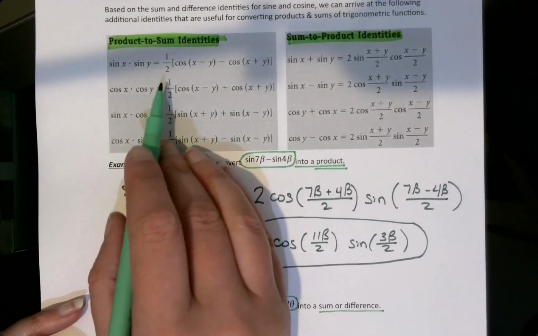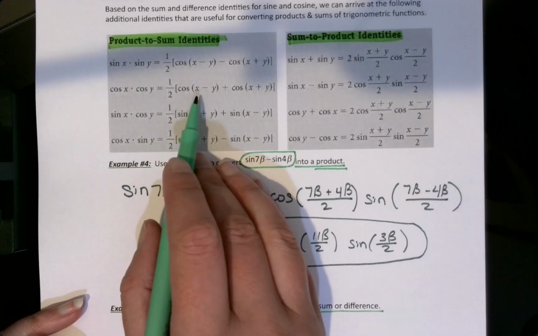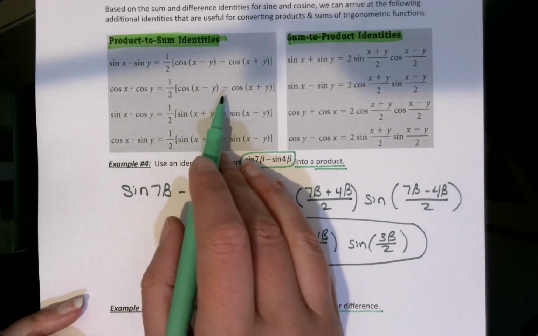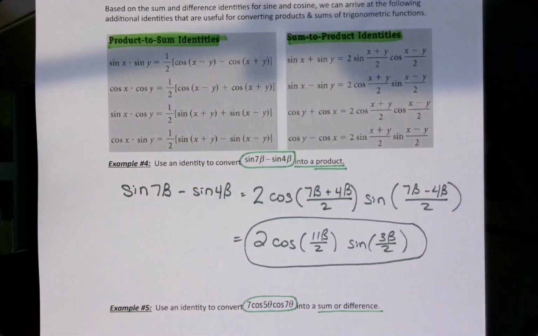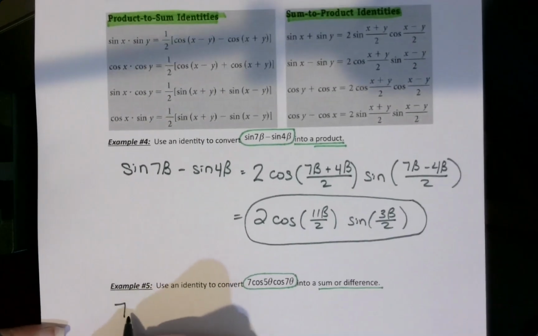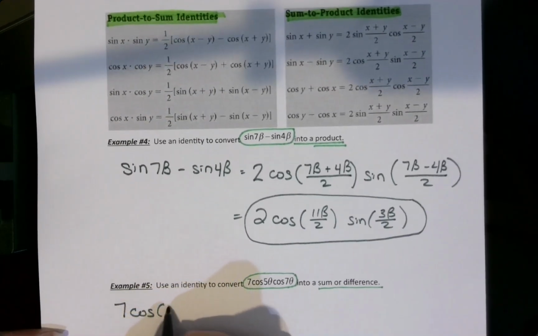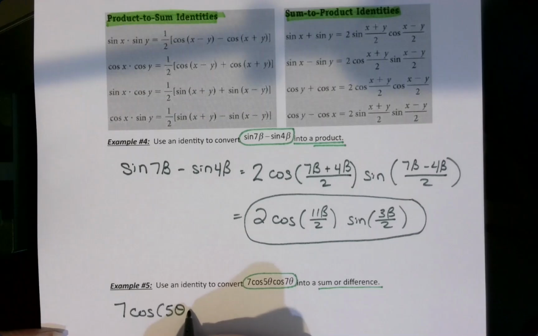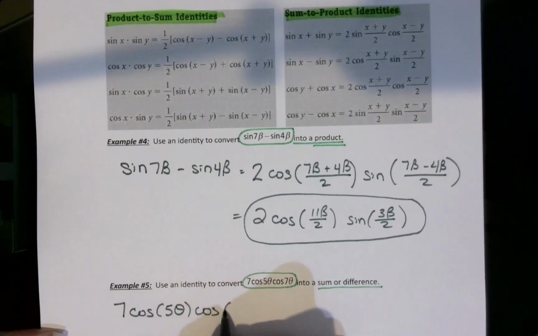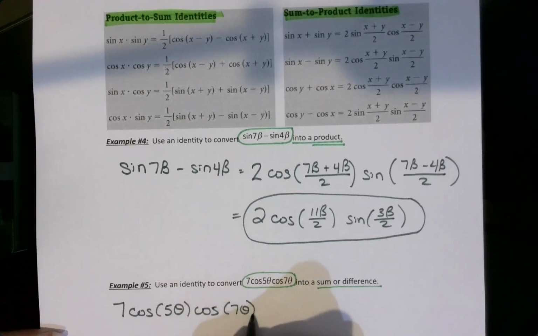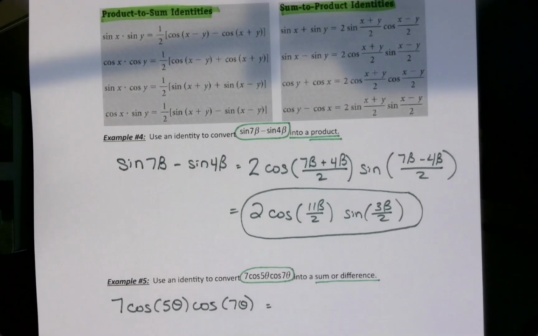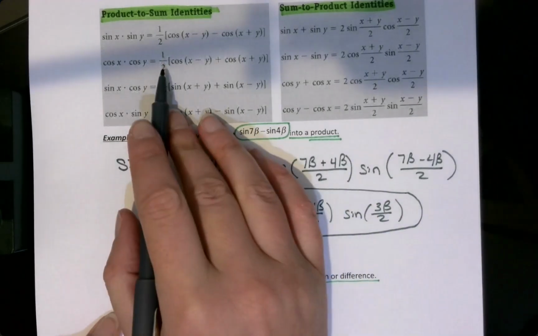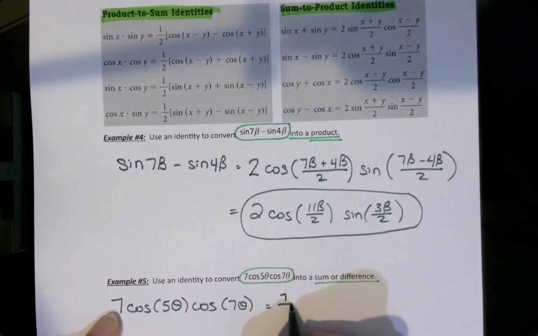We're going to turn that into 1/2 the cosine of the difference plus the cosine of the sum of those two angles. So 7 cosine of 5 theta cosine of 7 theta will turn into 7 times 1/2. That's going to be 7/2.